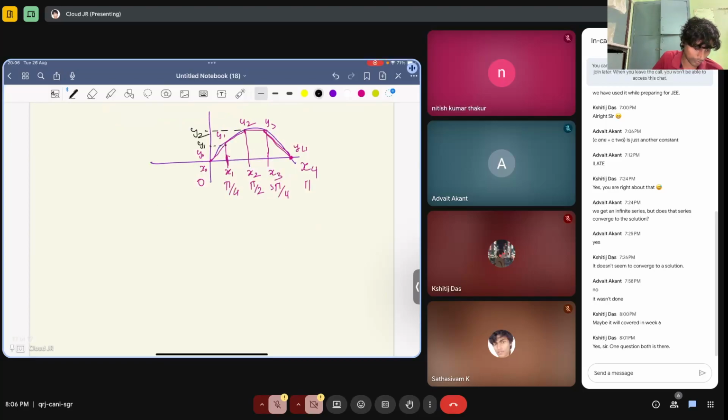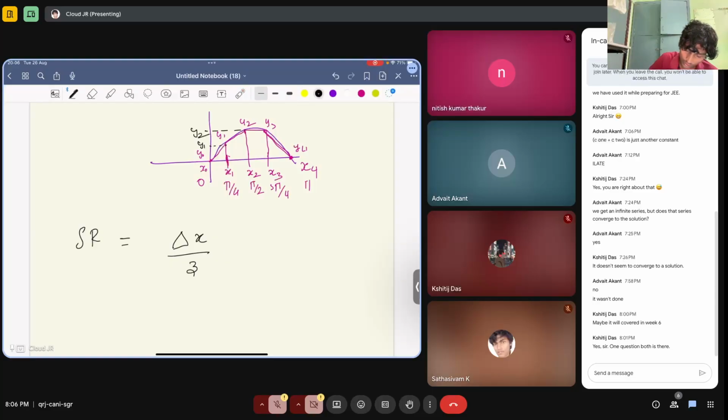Then the Simpson rule states the following. The definite integral is nothing but delta x by 3. Delta x is the length of the pieces you cut it into. In this case, the length is pi by 4.